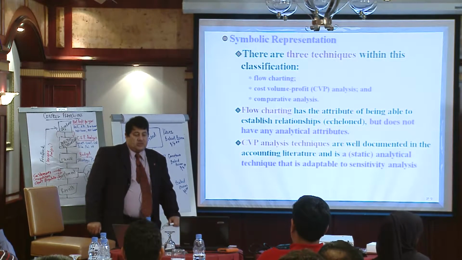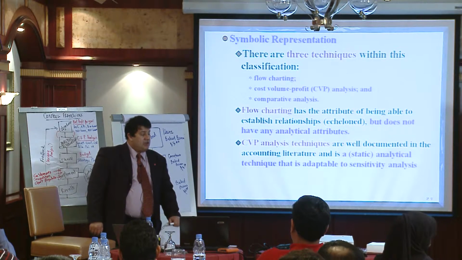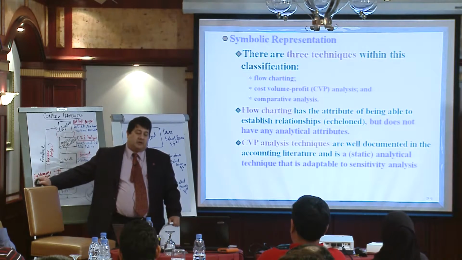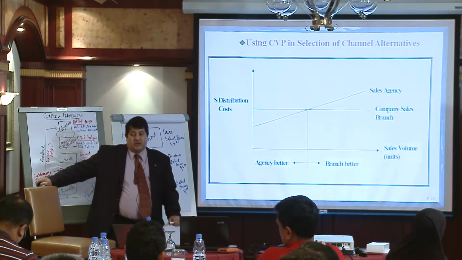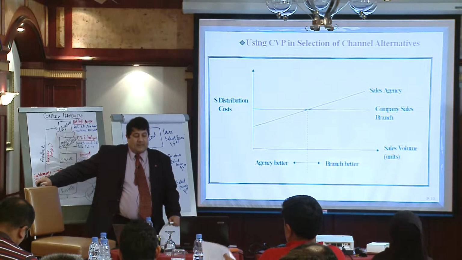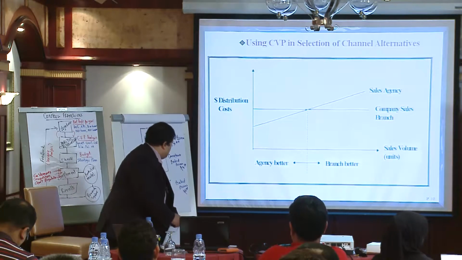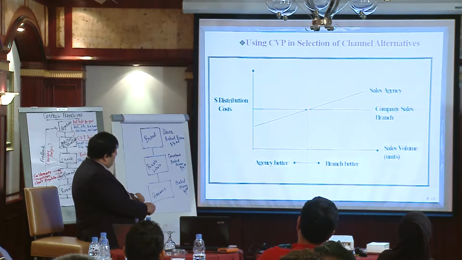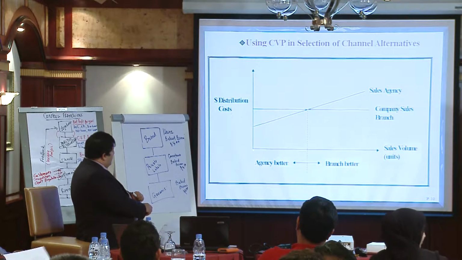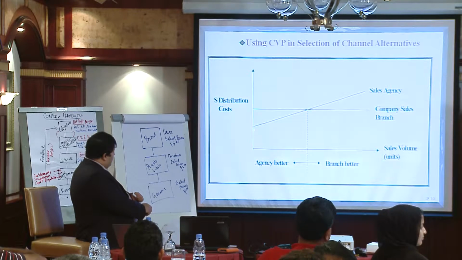The next one is cost volume profit analysis, where we are showing our distribution system in terms of fixed and variable costs. So here's an example. Now this chart is there later on in your notes, so you don't have to take it down. You can see that if you have a sales agency, then you have a small amount of fixed costs, but a large amount of commissions.